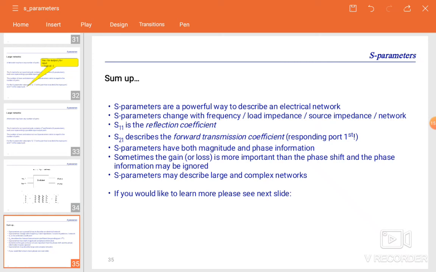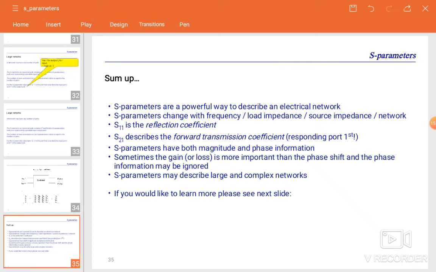S11 is the reflection coefficient and S21 is the forward transmission coefficient. S parameters have both magnitude and phase information, and sometimes the gain is more important than the phase shift, so the phase information may be ignored. So S parameters may describe large and complex networks.